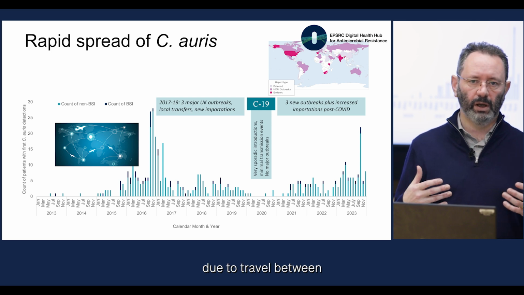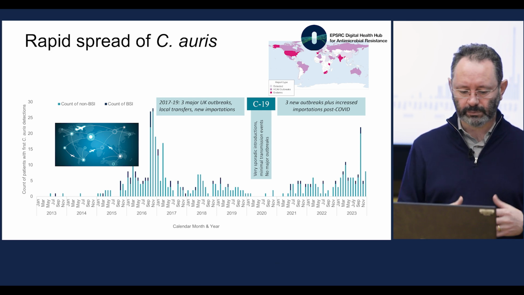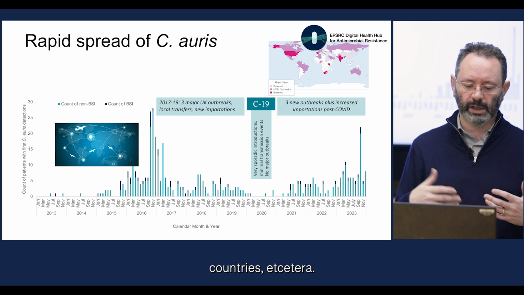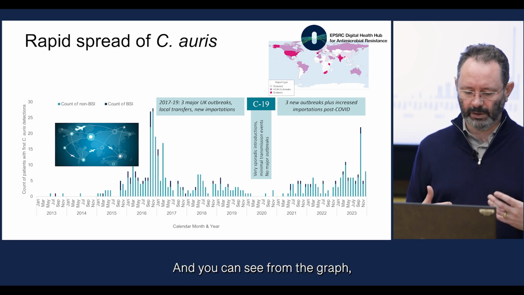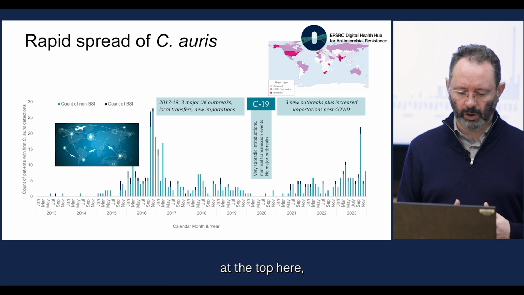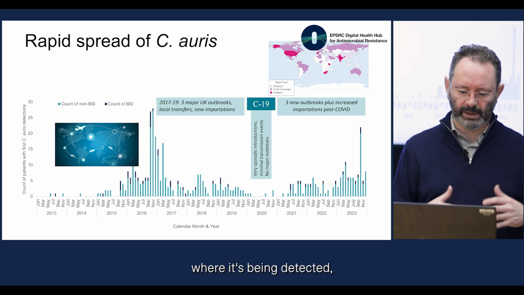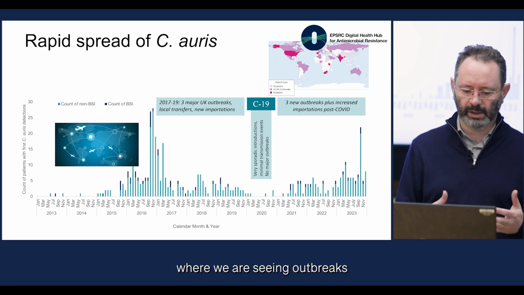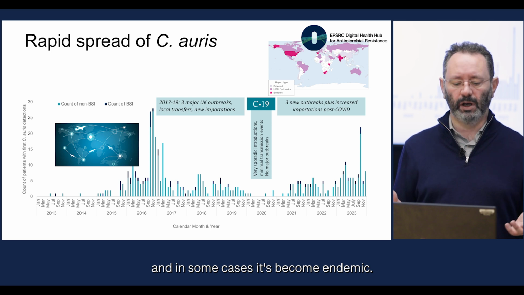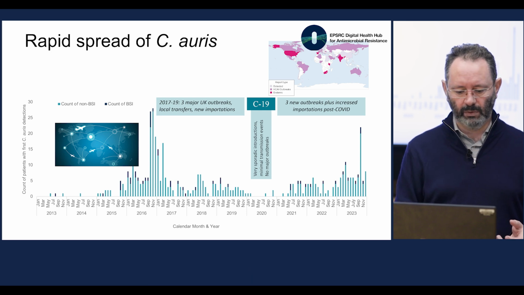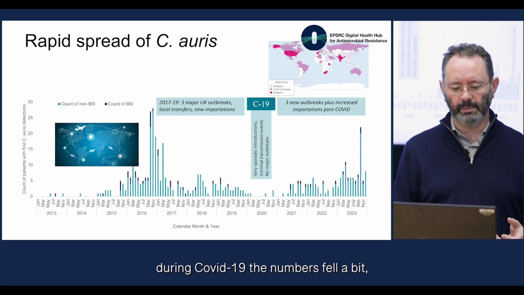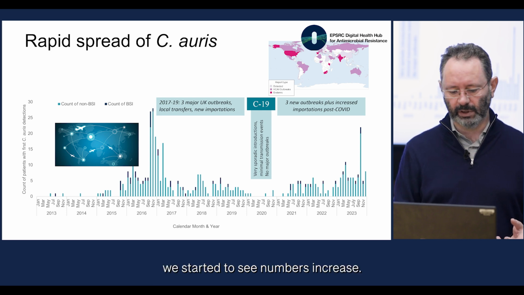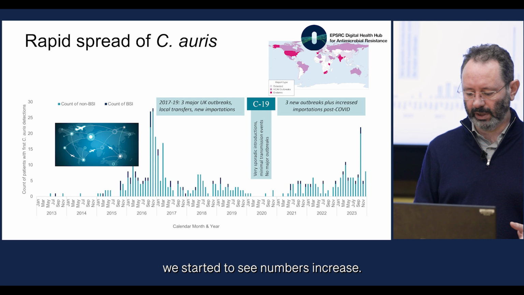Due to travel between countries, etc., this infection spread globally, and you can see from the graph at the top here where it's been detected, where we're seeing outbreaks, and in some cases it's become endemic. Now, during COVID-19, the numbers fell a bit, but more recently we've started to see numbers increase.